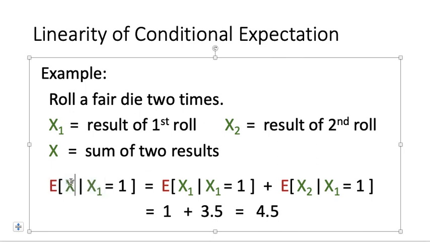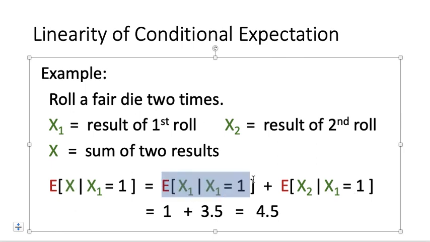Now recall that the big X here can be written as X1 plus X2. So this is the expected value of X1 plus X2 given X1 is equal to 1. By linearity of expectation, we get the expected value of X1 given X1 is equal to 1, plus the expected value of X2 given X1 is equal to 1.